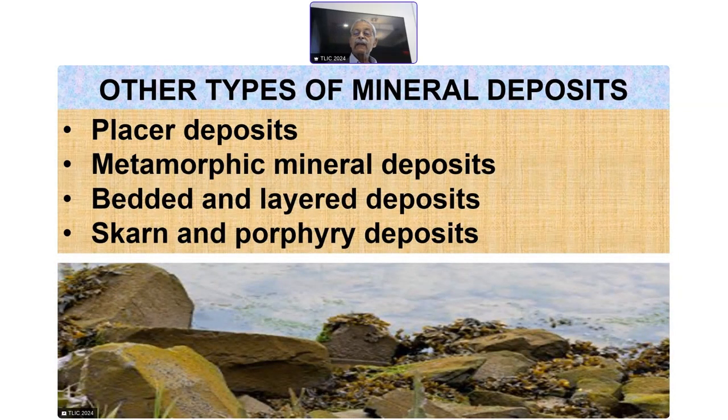Then there are other types of mineral deposits. Placer deposits are the ones where the water passing through the rocks carries high specific gravity minerals like gold and diamond, and then deposits them in beach sands or in the bars and channels.